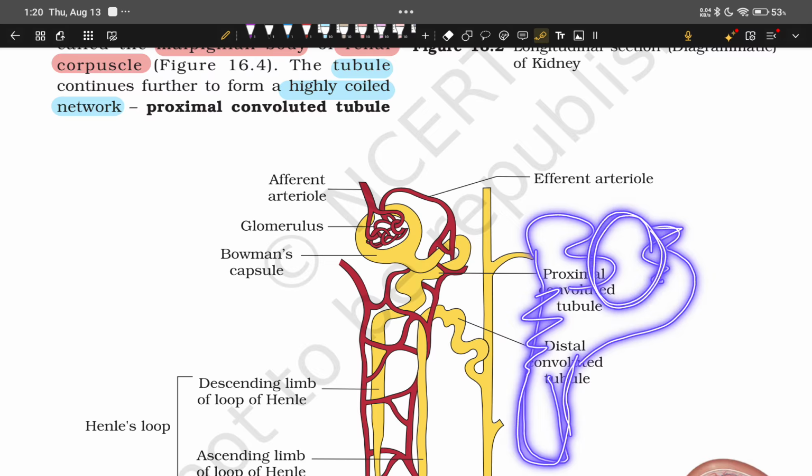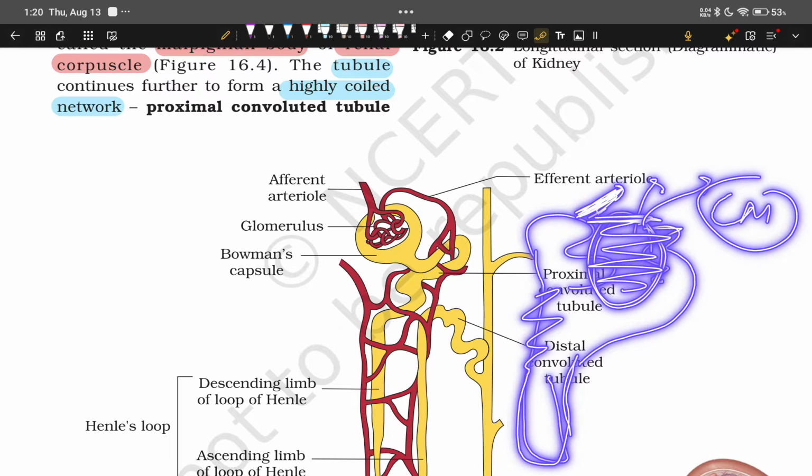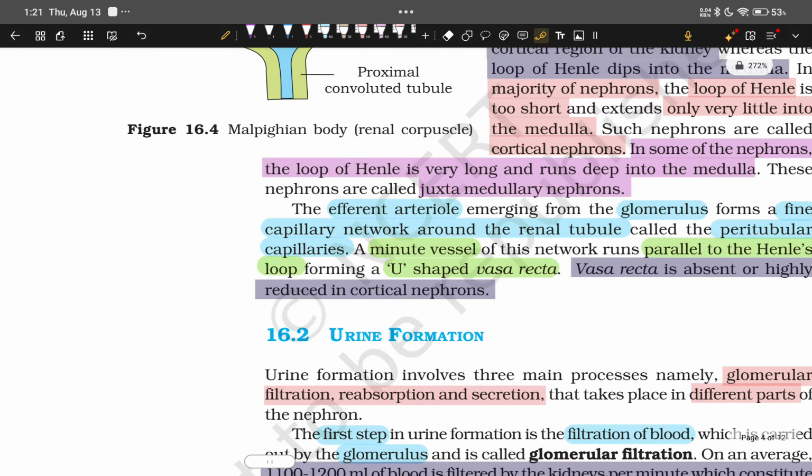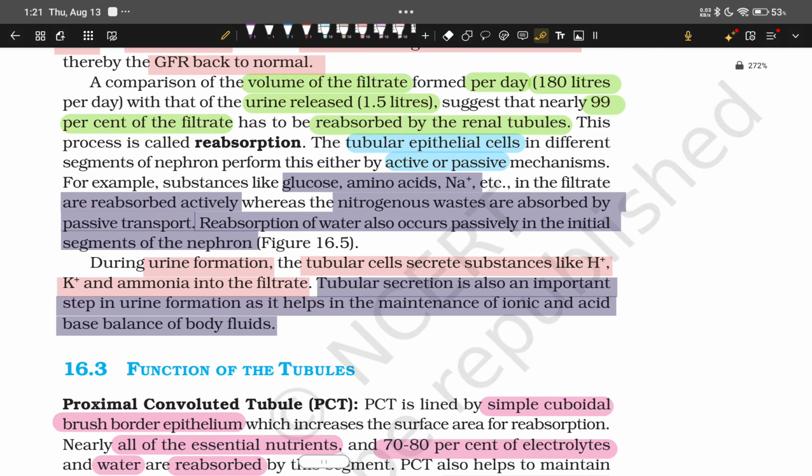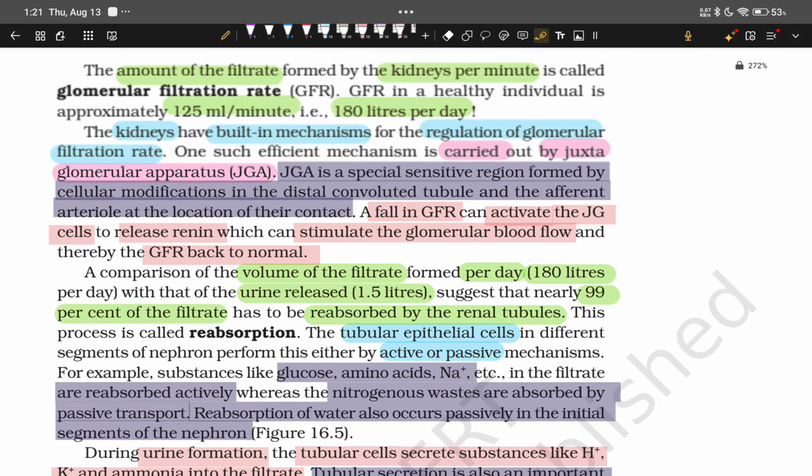So there is contact between the DCT and the efferent arteriole, which was leaving the glomerulus. There is a cell modification of the distal convoluted tubule and the efferent arteriole at the location of their contact. That is going to form the JGA, juxtaglomerular apparatus.